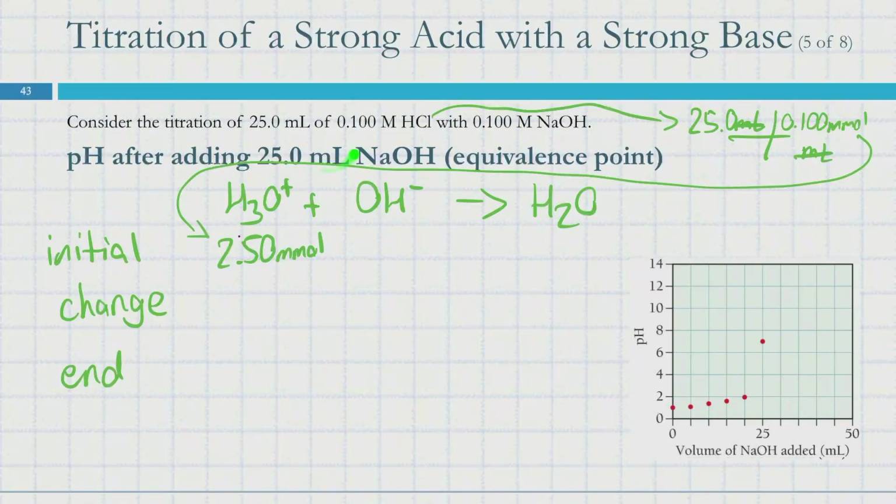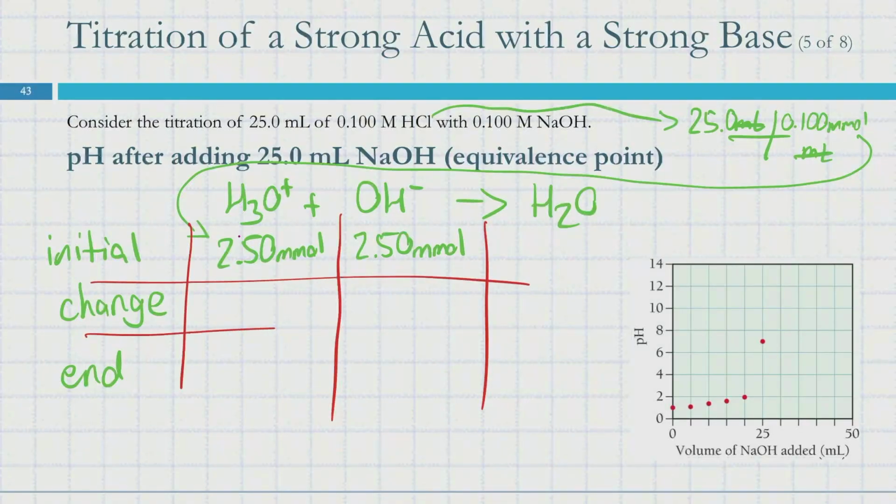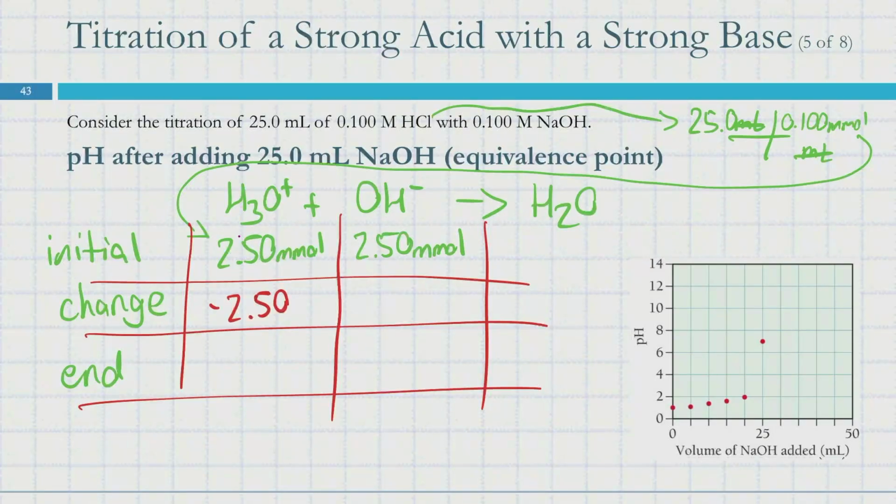We've also added the same volume of the same concentration of sodium hydroxide, so the calculation is going to be the same. That means that we've got 2.50 millimoles of hydroxide. Since these two amounts are the same and they're used up in a 1-to-1 ratio, that means that our change is negative 2.50 millimoles.